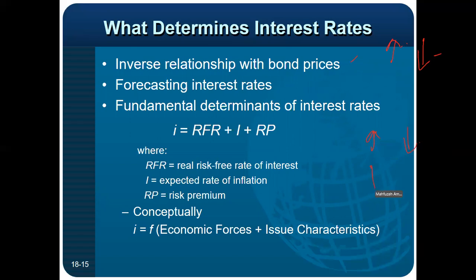If the interest rate decreases, the bond price will increase. So it is an inverse relationship. It is the interest rate that affects the price of the bond, not the bond that affects the interest rate.